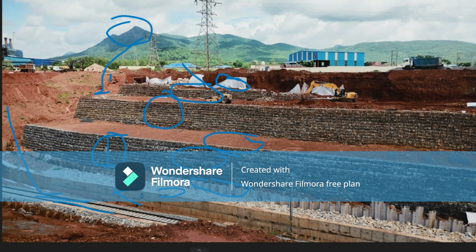So this is the whole constructed picture, built to prevent the failure of the steep slope. It is a steep slope, and for this reason the boulder packing gap was provided.